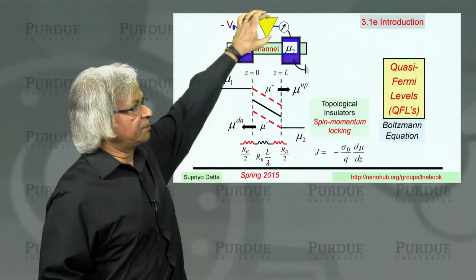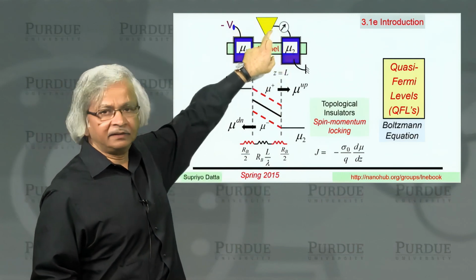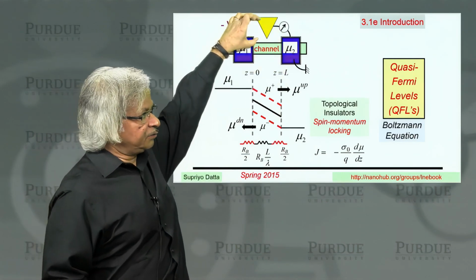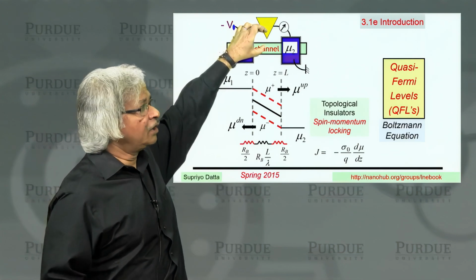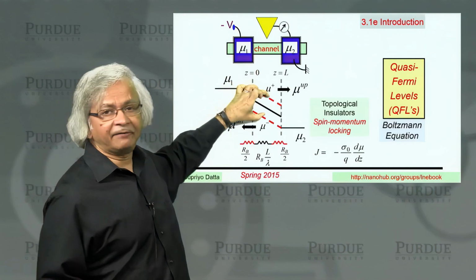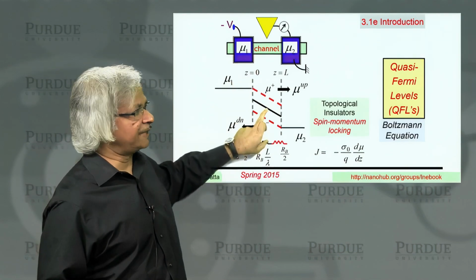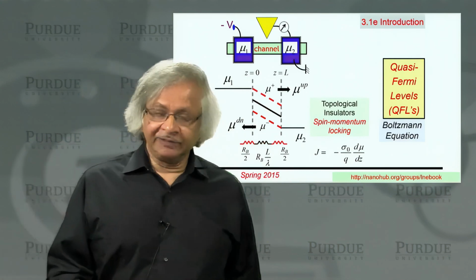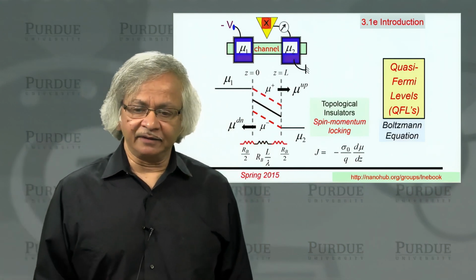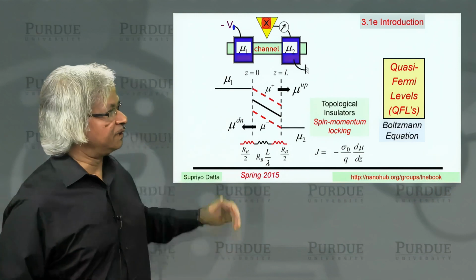And this can actually be measured as well with a probe. That is, if you put a probe here, like a scanning probe with which you look at the electrochemical potential right there, ordinarily what you'd measure is the average of the two. So you just get this black curve. But if you use a magnetic probe, then depending on the direction of the magnet, you could be measuring the spin potential.